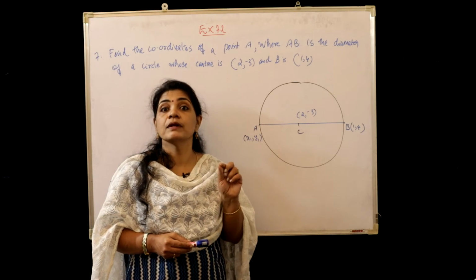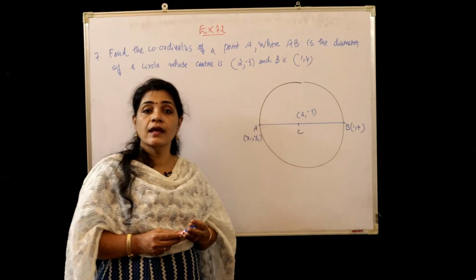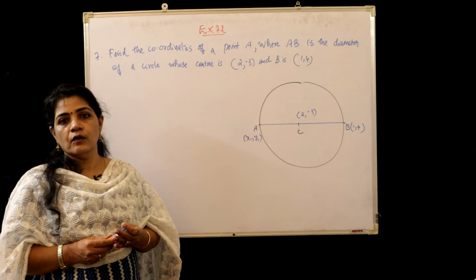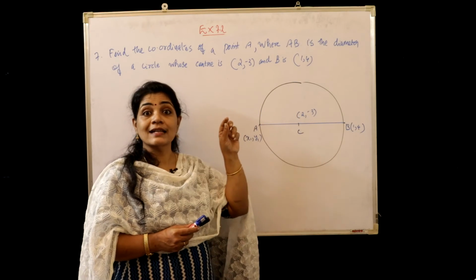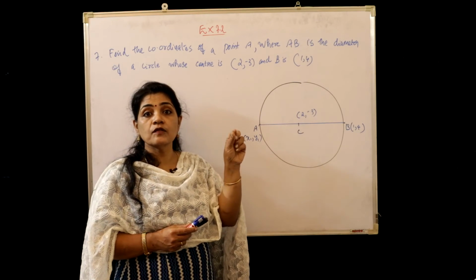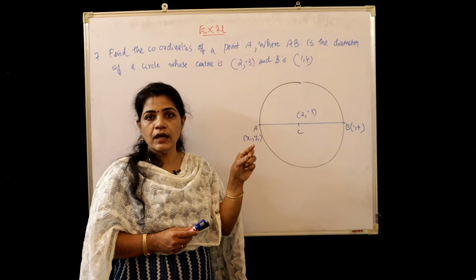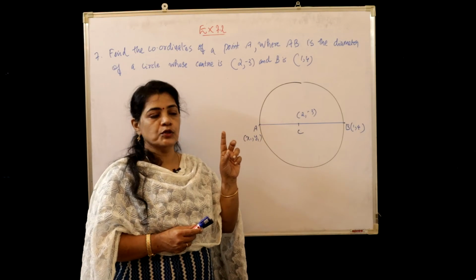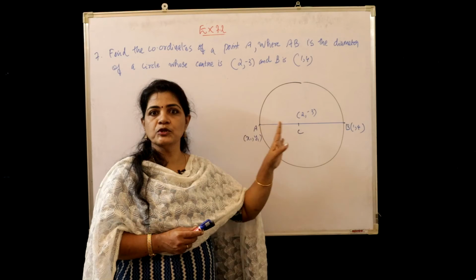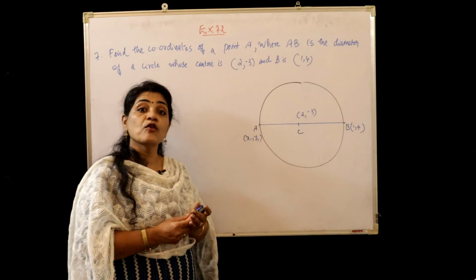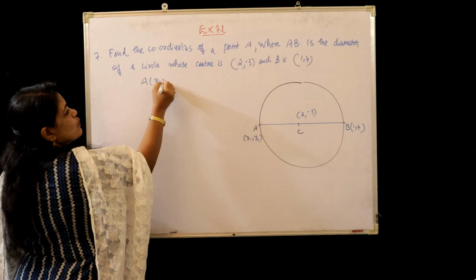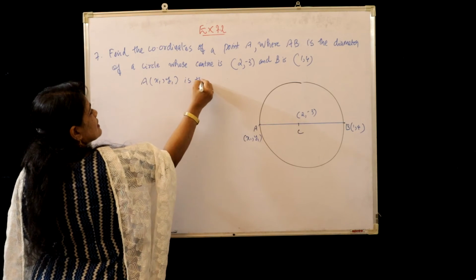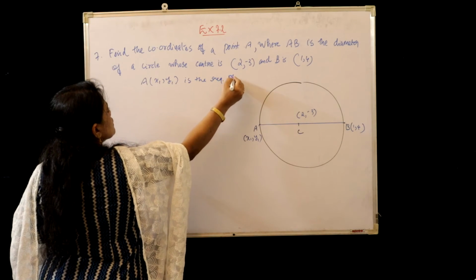Since C is the midpoint of AB, by the midpoint formula, x and y are the coordinates of the center, the midpoint. So 2 is equal to (x1 plus x2) by 2. Let A of (x1, y1) be the required point.